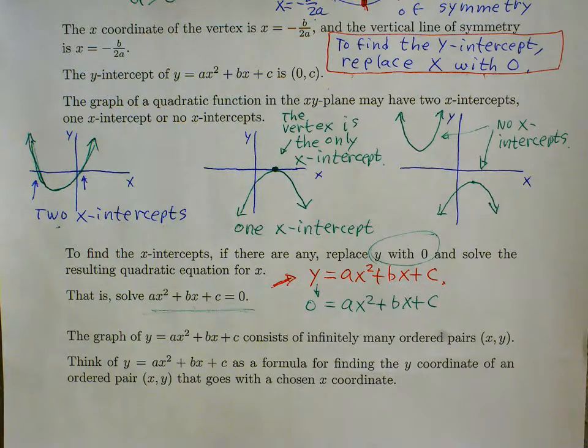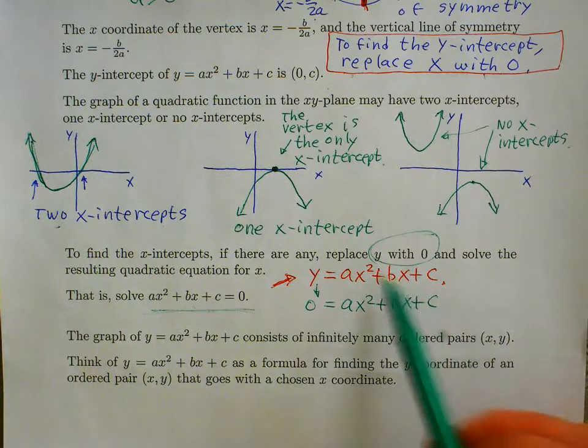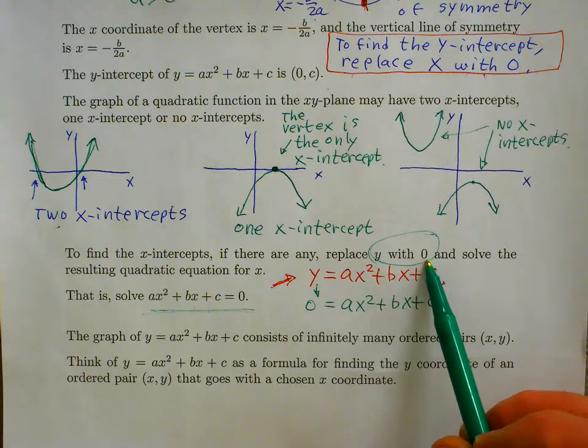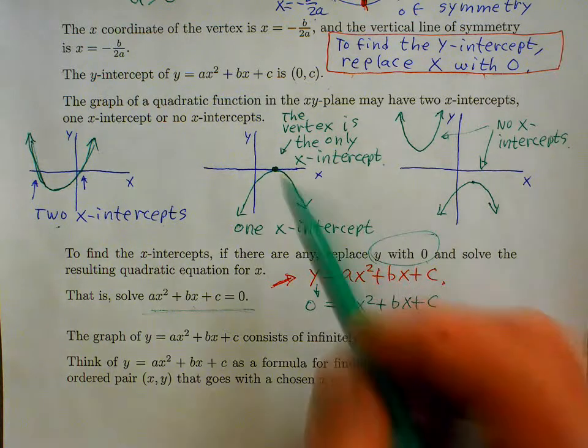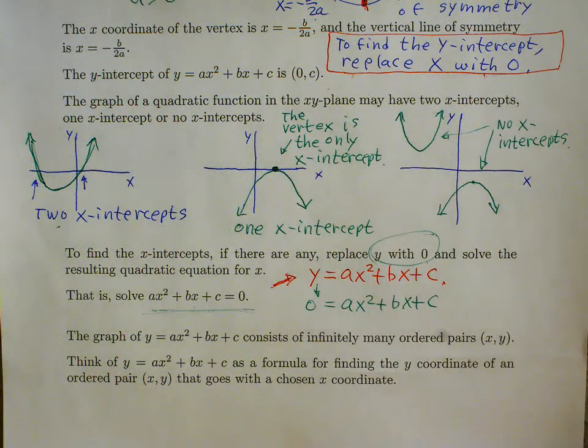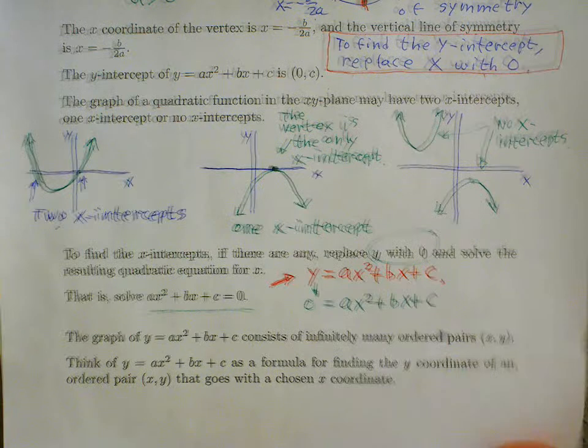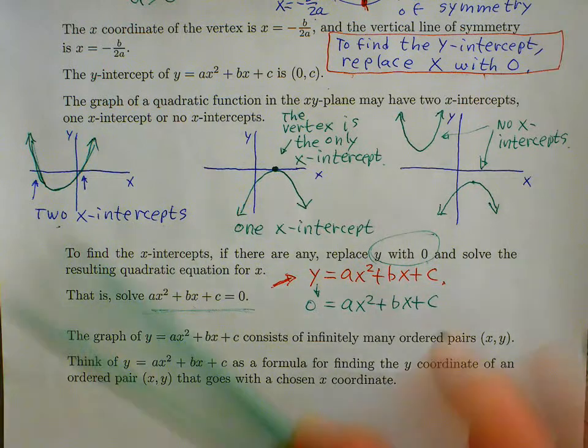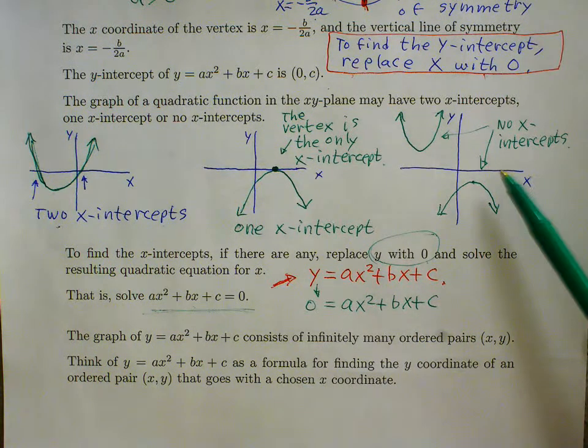So why do we replace y with 0 when we want to find the x-intercepts? We replace y with 0 because every x-intercept has a y-coordinate that is equal to 0. In the xy plane, every point has an ordered pair, xy.